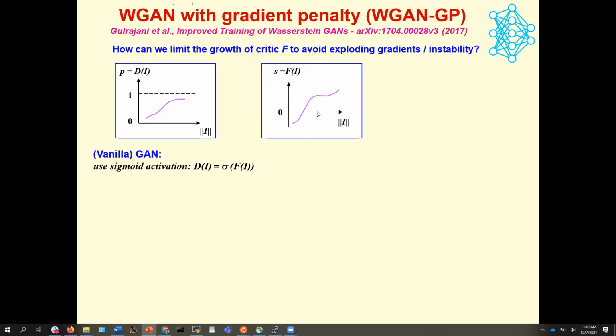I show schematically how the score may vary as a function of the norm of an image. Of course, it's just a schematic picture. So what does it mean, the norm of image?